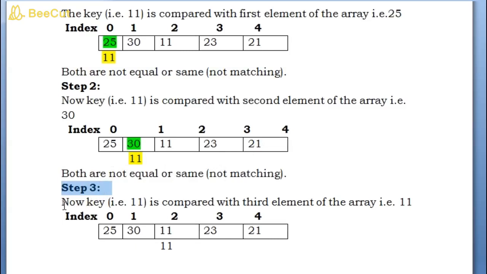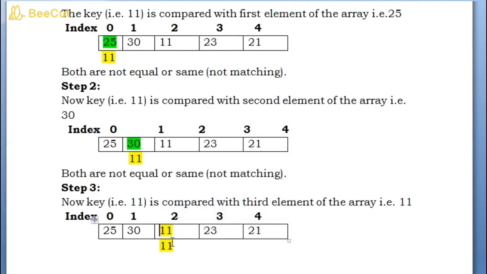What is step 3? Now the key element, that is 11, is compared with the third element of the array. What is the third element of the array? If you look at the array elements carefully, the third element is 11. So I compare the key with the third element of the array, that is 11.